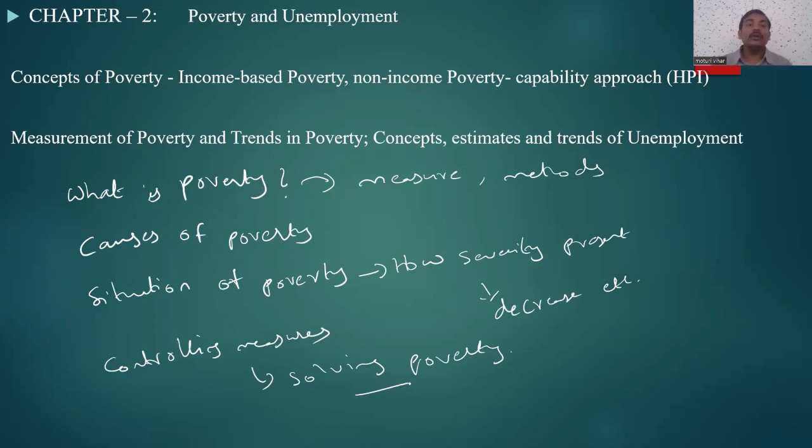Do you think only people having less income stay under poverty, or that people who are not able to utilize their basic rights, who will not be able to fulfill their basic needs, are called poor? These are the aspects we will look at in poverty.